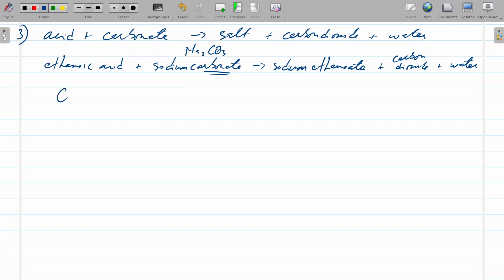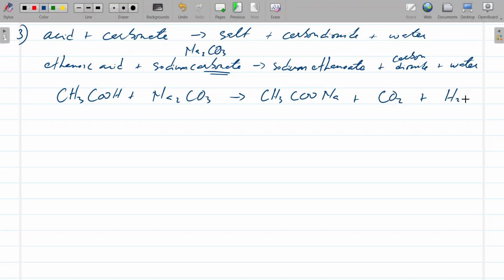So you got CH3COOH plus Na2CO3 is going to give us CH3COONa, because the oxidation number for this whole thing is -1 and sodium is +1, so they're happy together just like that. Plus CO2 plus H2O.